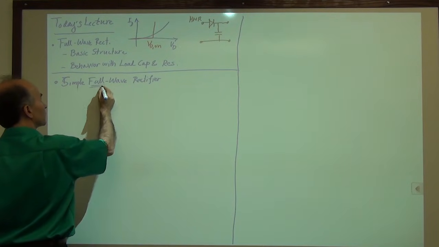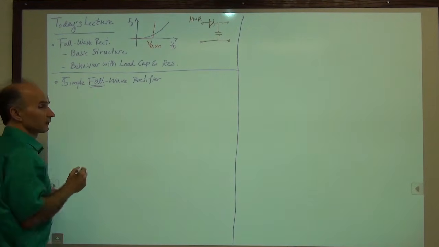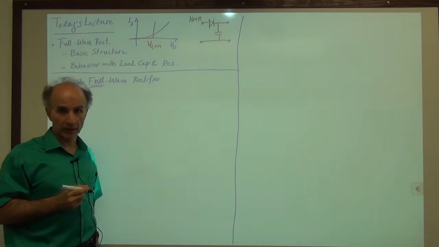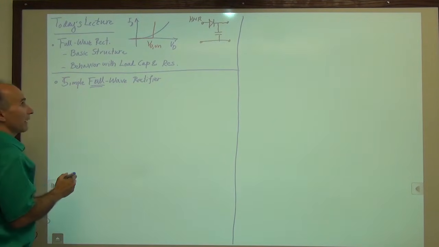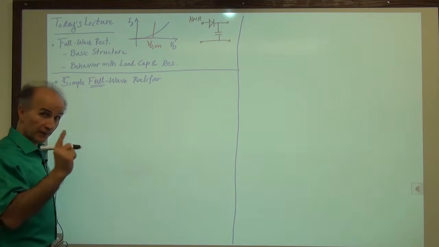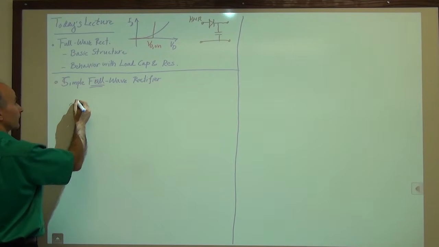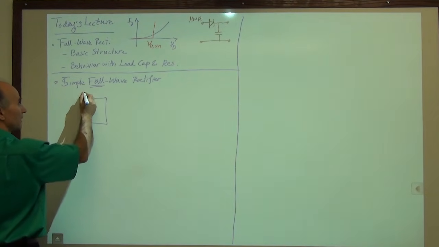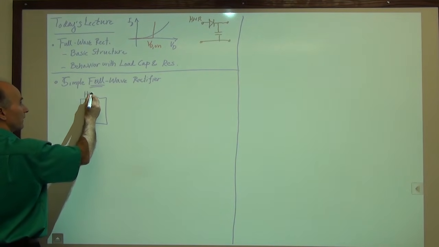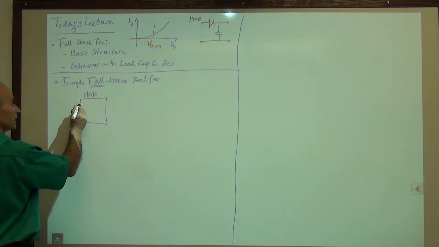So where does this term full come from? What is full? Okay, well, here's what we will see. In a half-wave rectifier with a resistive load, this is what we saw. So I will draw a box here. This is a half-wave rectifier.